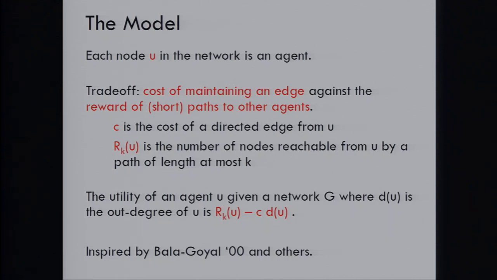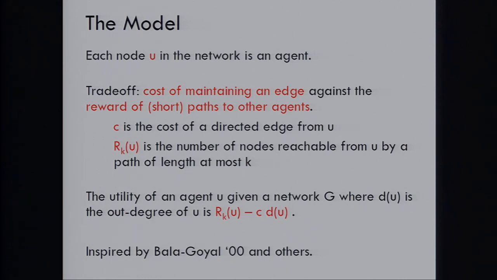So if we let C be the cost of one of these directed edges, and R_k(u) is the number of nodes that are reachable from u by a path of length at most k, given everyone's choice of edges in this network, then we say that the utility for this agent is exactly this number of nodes that we can connect to minus the cost for the number of edges that we were building.